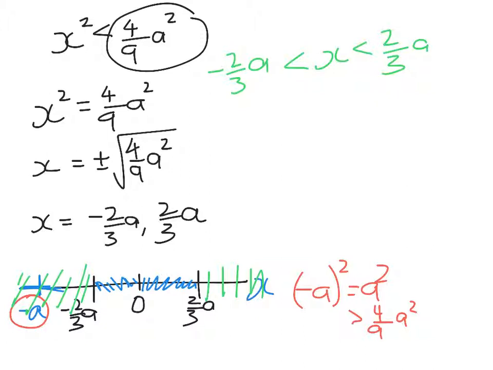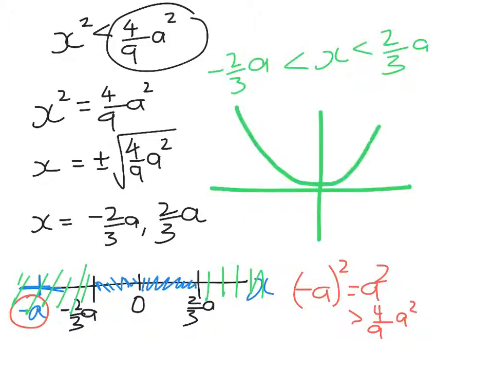There's one other way to look at it that I think will help some of you, and that's using a little graph. So let's just graph x squared. This is just y equals x squared, and we want it to be less than this number here, which is 4/9 a squared.